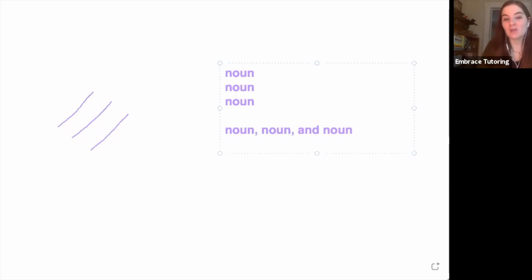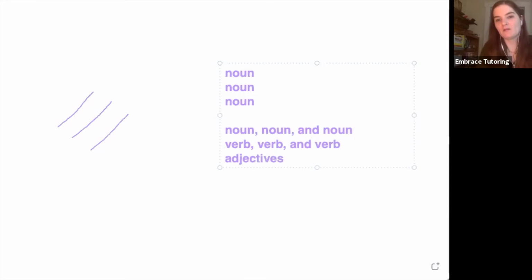You could do that with verbs, or with adjectives like we saw, or any of the parts of speech. And that's in a list.